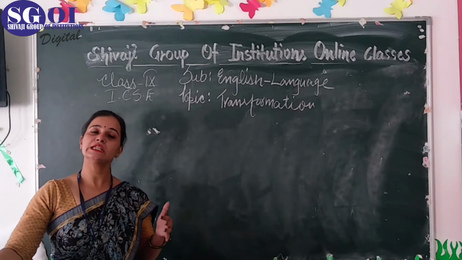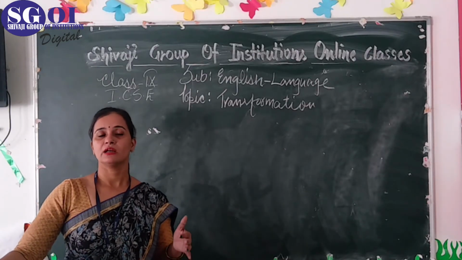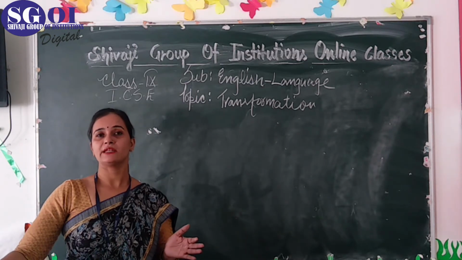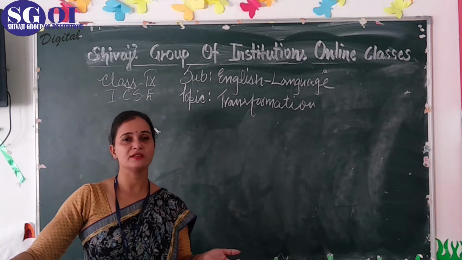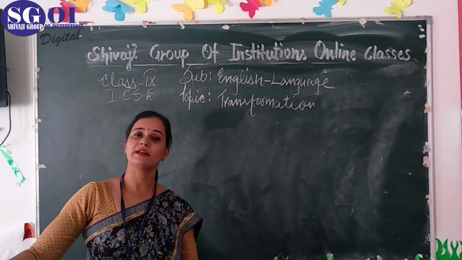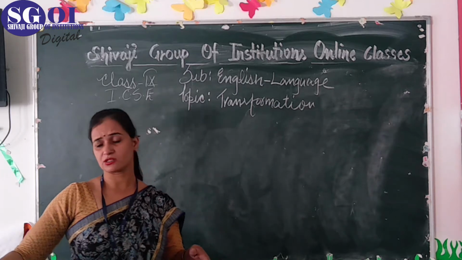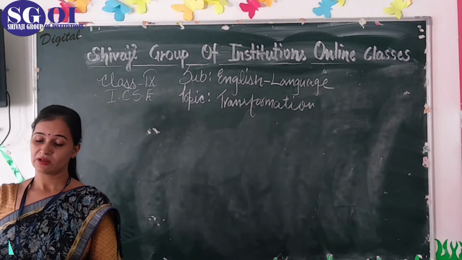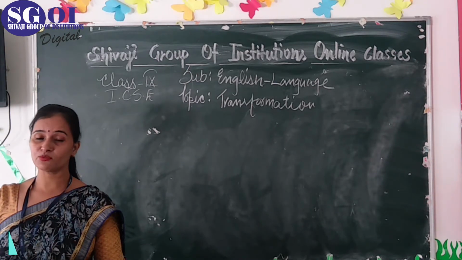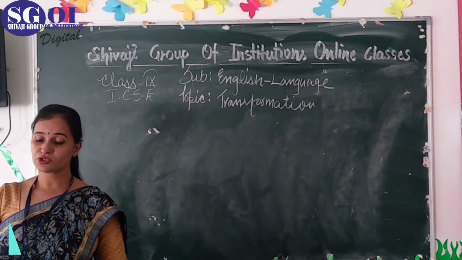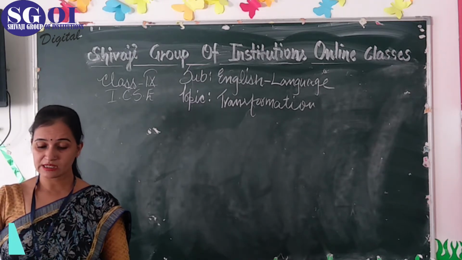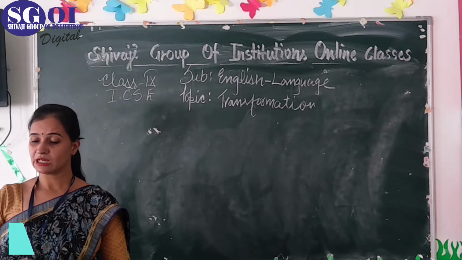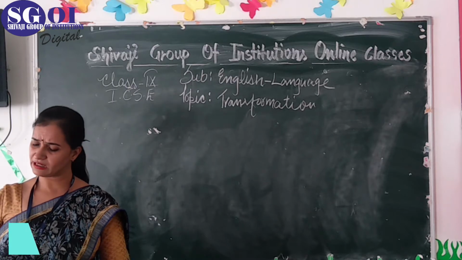In this topic, we will study sentences in 4 types: remove 'too' and use 'so', changes of degree of comparison, changes of sentences, and also changes of some parts of speech. In the previous lecture we started changes of remove 'too' and use 'so', and I hope you have got that well.